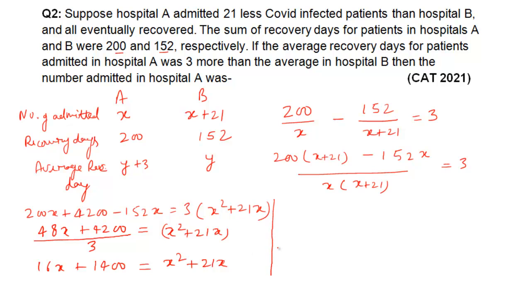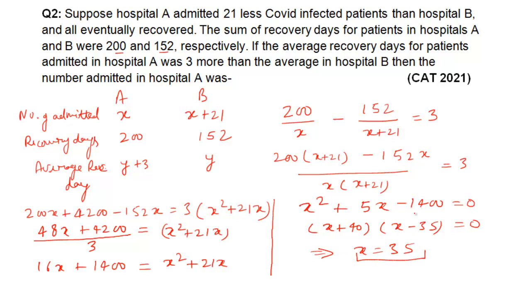So now we are going to have a quadratic equation, that will be x square plus 5x minus 1400 is equal to 0. So we have to solve this equation. The factors will be x plus 40 and x minus 35, that is equal to 0, and this gives me x is equal to 35. This is the positive value. So we got x, that means the number of admitted patients in hospital A, and the answer is 35.